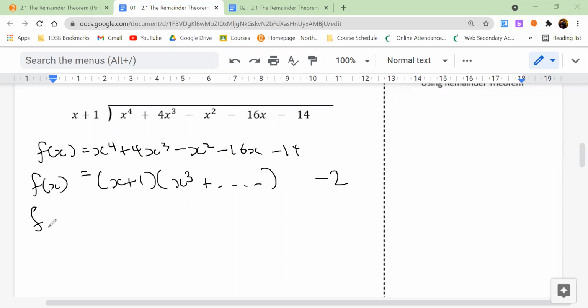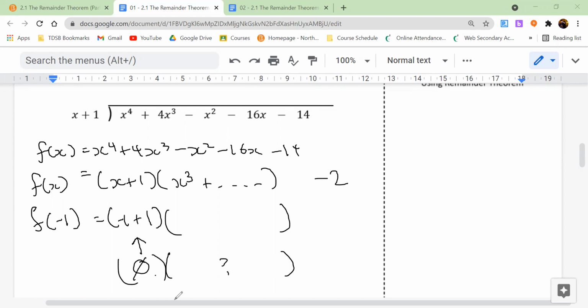If you plugged in -1 in here, what does that bracket turn into? That bracket turns into a 0. And you take a 0 and multiply it with anything, what does that turn into? It turns into a 0. And what's left? The remainder. In other words, f of -1 should give you -2. -2 happens to be the remainder.